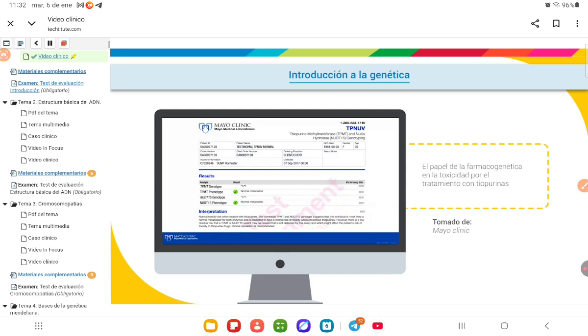The same is true for NUDT15 in that the patient's genotype is also star1 and this patient is a normal metabolizer for NUDT15 substrate. So together this patient's genetic risk score would have been 0. And the interpretation at the bottom describes that there was a normal risk of toxicity when treated with thiopurine. And so basically, this patient would receive a standard dose.